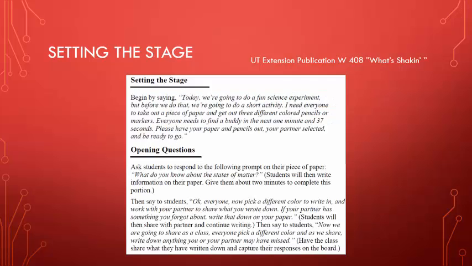The second example is W408, and that's What's Shaking. In this lesson, we walk kiddos through turning milk into butter. The engagement piece here asks students to do a modified think, pair, share, where they reflect on what they already know about states of matter and give some examples of changes in states of matter.